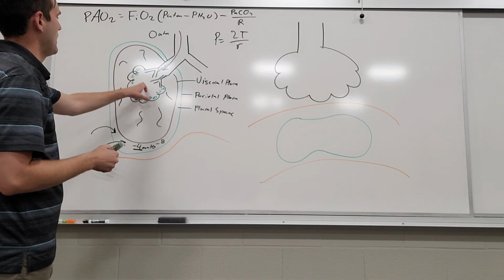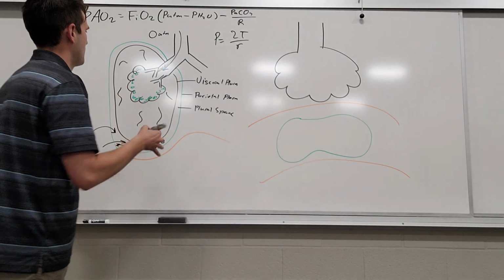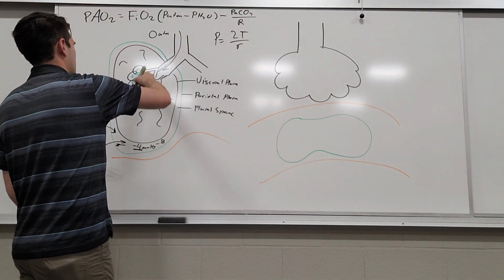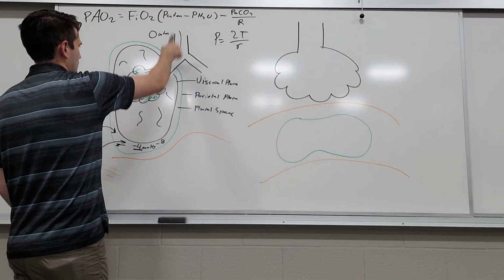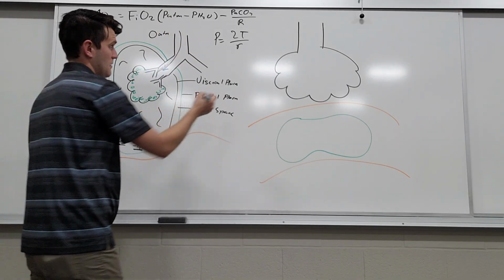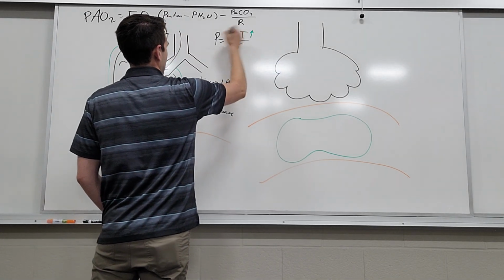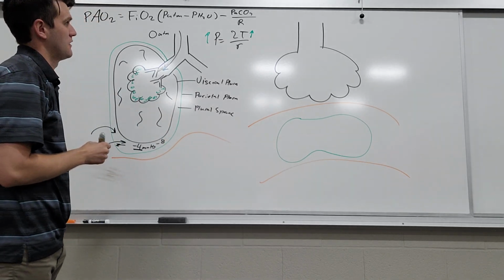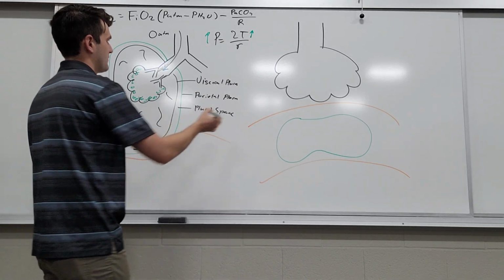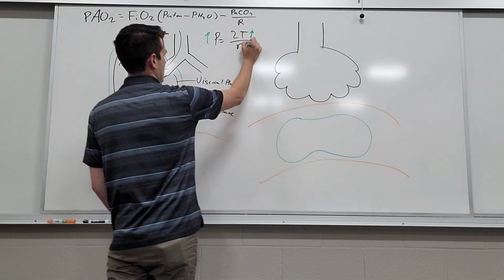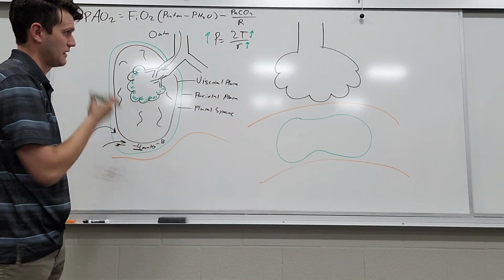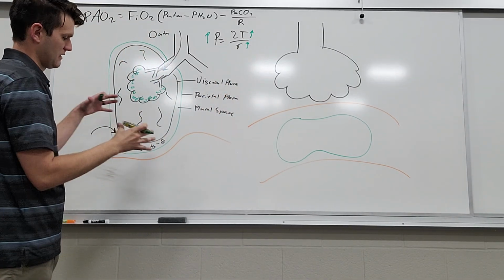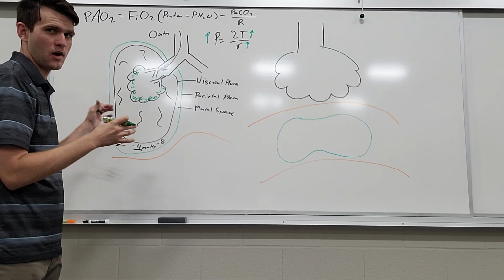So what we want is we still want to maintain a pressure gradient in order for the air to get into the alveolus. But if our tension's high, then our pressure is going to be high, which is going to mess up the gradient, okay? So we could either make our radius bigger, make our alveolus bigger. If our radius is bigger, then the pressure is going to be smaller.